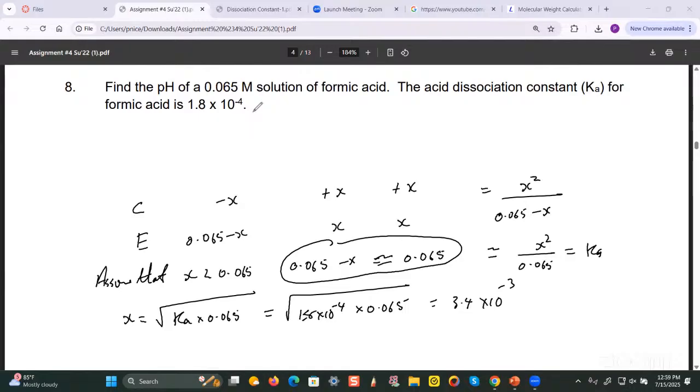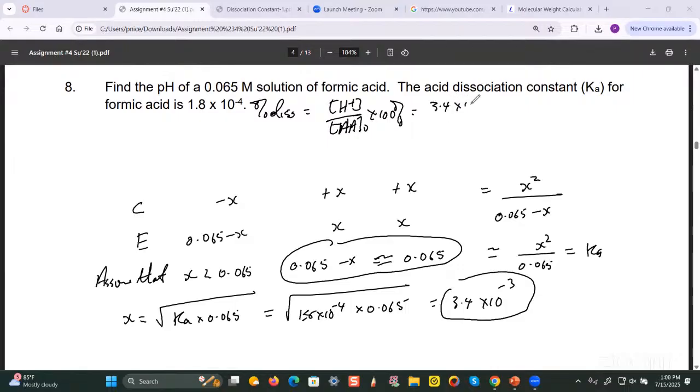So remember now, percent dissociation is equal to the concentration of H plus at equilibrium divided by the initial concentration of HA times 100%. In this case, the concentration of H plus, which is equal to X, is 3.4 times 10 to the minus 3 M, divided by the initial concentration of the acid, which is 0.065 M, times 100%. And let's see what this gives. Hopefully it will be less than 5%.